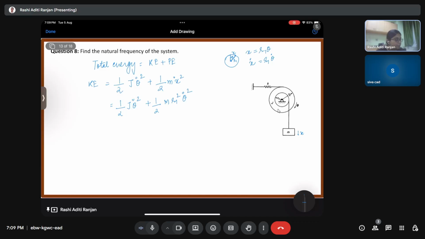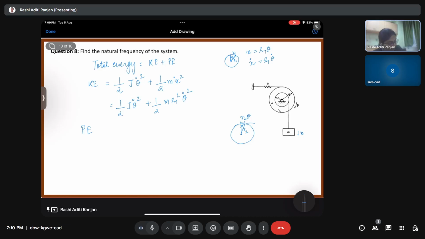This is the kinetic energy of the system. Now when we talk about the potential energy, it is because of the spring only. For the upper circle, which has a radius R2, there is a small movement like this, and this is theta. This movement is nothing but R2 theta, right? For a very small value of theta.